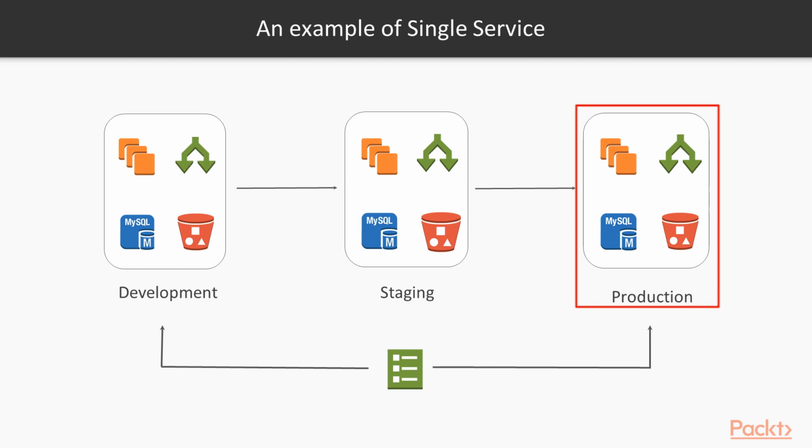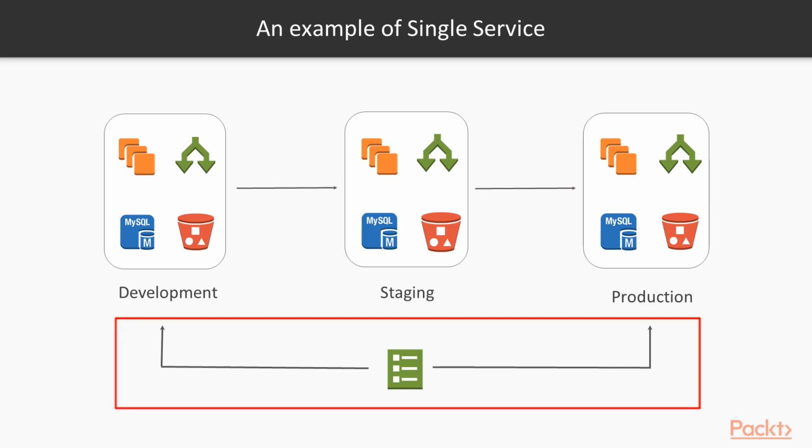So this is just an example of a single service. If you manually create the infrastructure in development, then in staging, then in production, it will be at least a waste of a day or two. And this is what the industry wants to move away from. So instead of manually creating all of this infrastructure, what you can do is write a template.